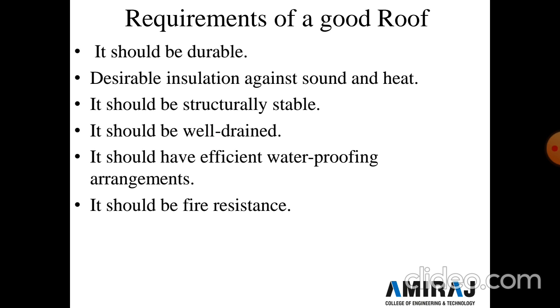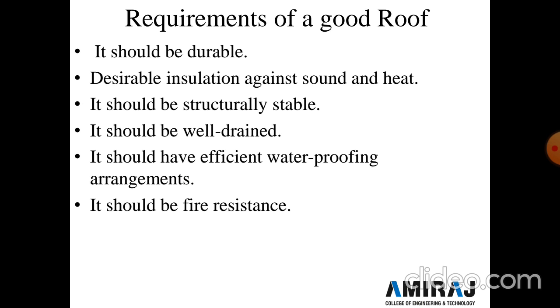It should be structurally stable and sound, and capable of taking the loads likely to come over it. It should be well drained, have sufficient waterproofing arrangement, and be fire resistant. So these are some of the requirements of a good roof.